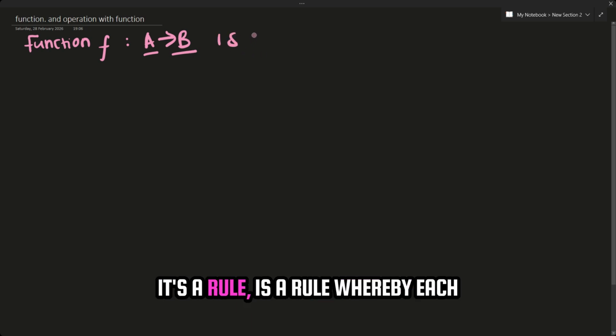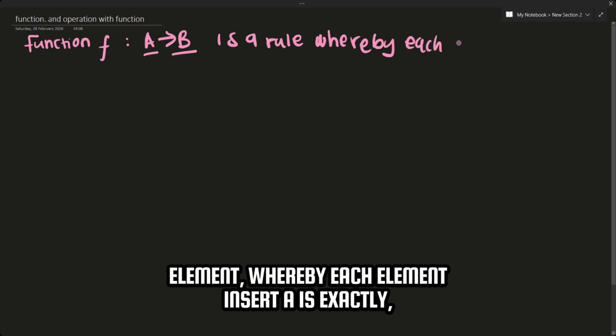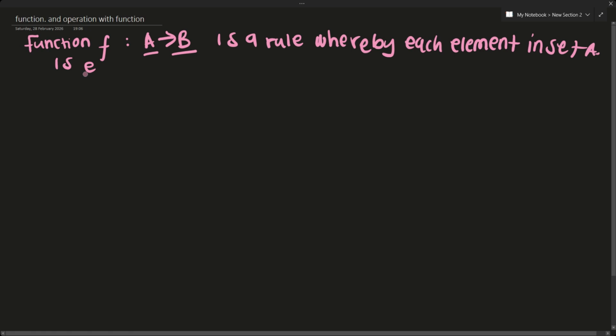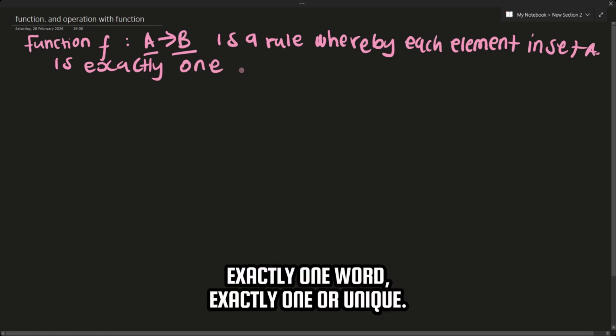Okay, it's a rule whereby each element in set A is assigned exactly one, right?